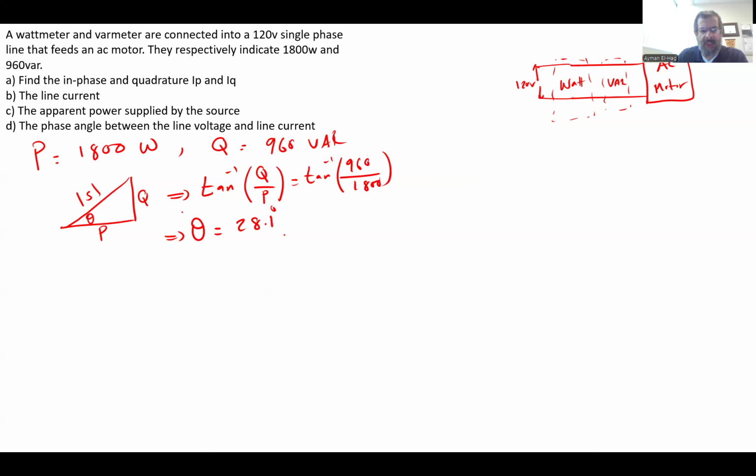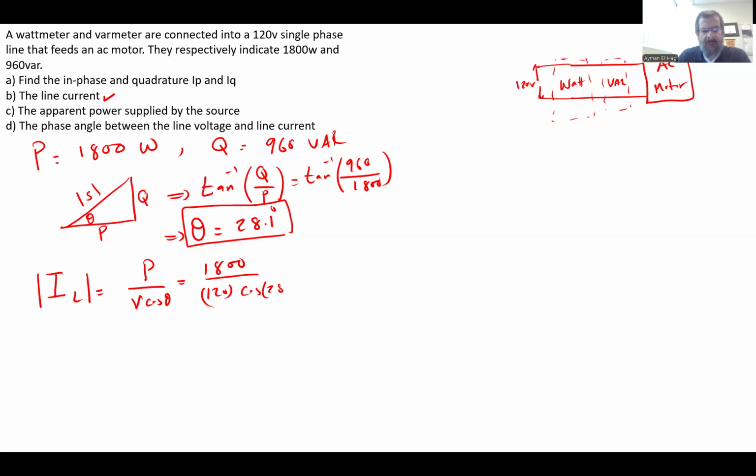This is very critical to solve this question. Now you need to find the current. I will find B before A. So the I line is either equal to P over V cosine theta, which is 1800 divided by 120 times cosine of 28.1, and this will give you 17 amp.